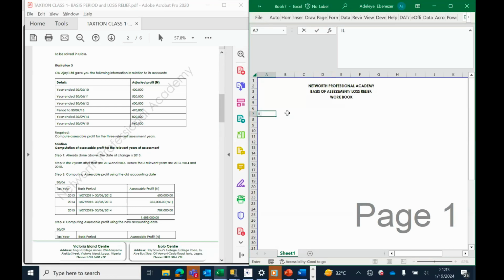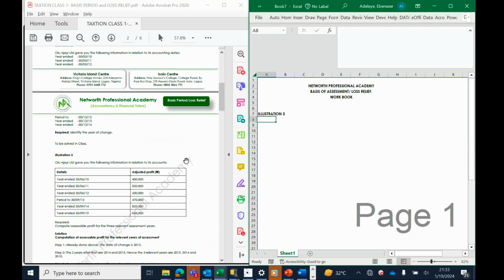So we have illustration 3, we are trying to answer that. They have given us the question. From what we can see here, at a particular point they changed the accounting date. So in this particular case, what year was the year of change? Who has not spoken? Wait, nobody should talk. Abiodun, in this particular case, what is the year of change? 30th September 2013.